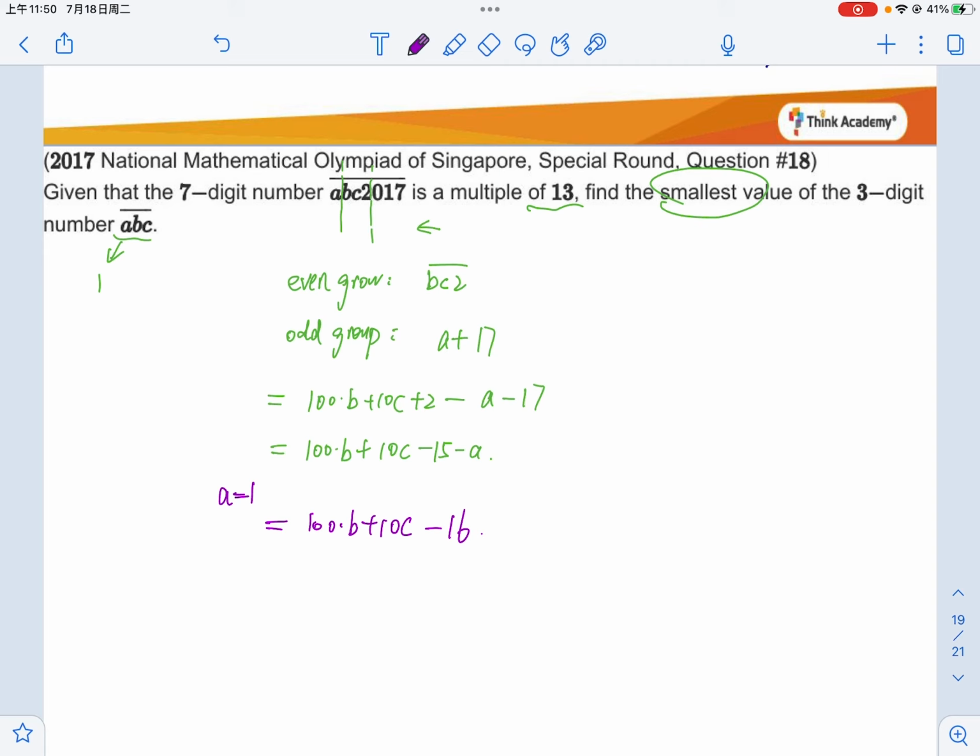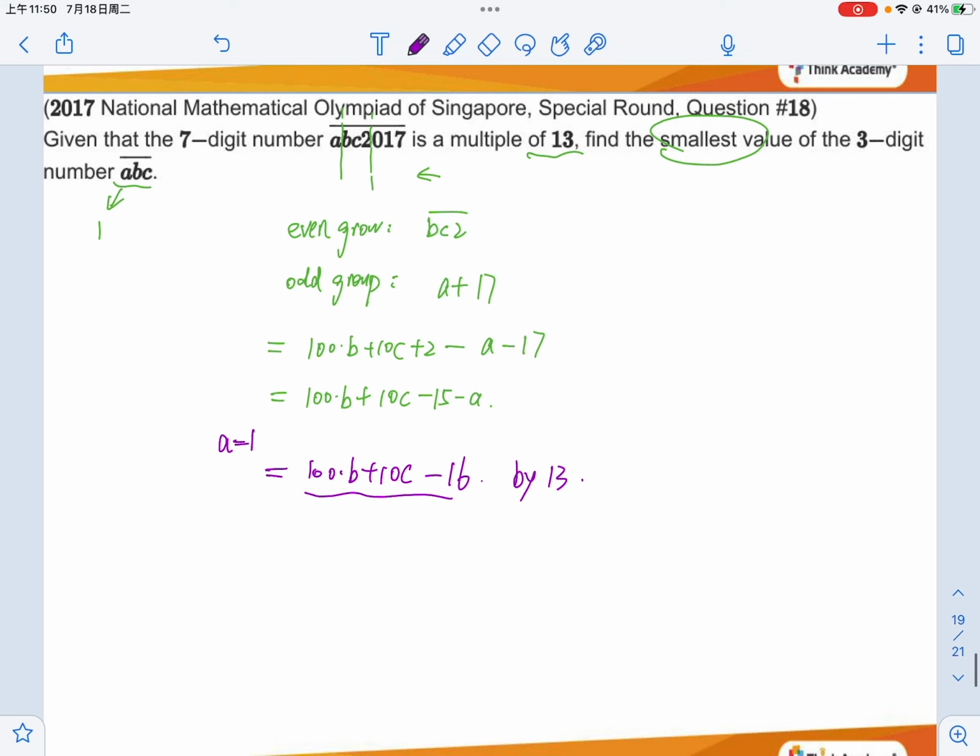If this value can be divided by 13, the total number can be divided by 13. You may find 13 times 8 is 104, which means I want this number to become 104, because we also have a 16.